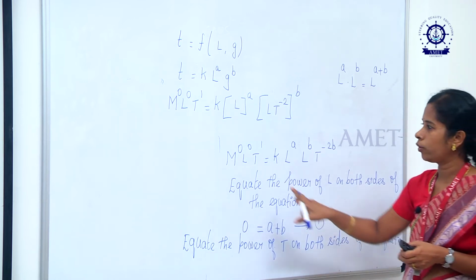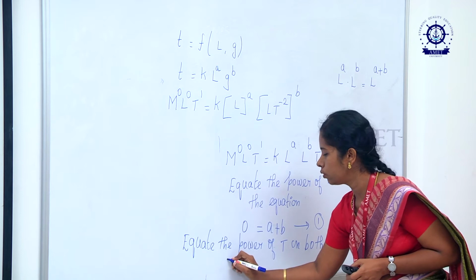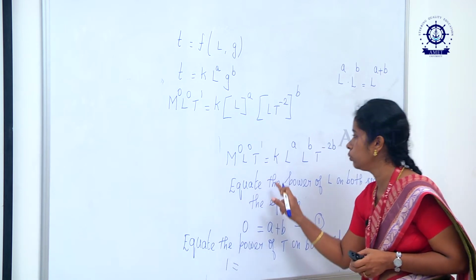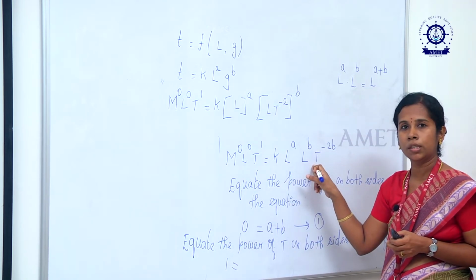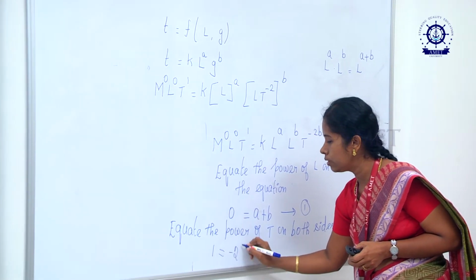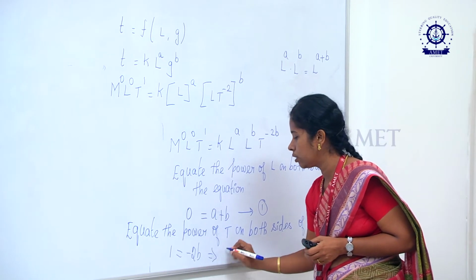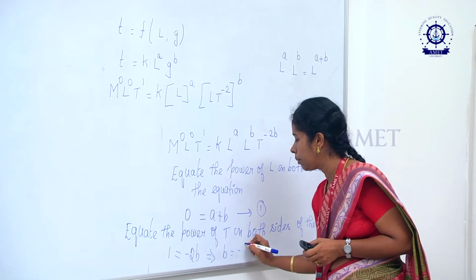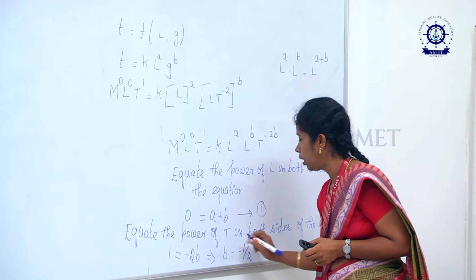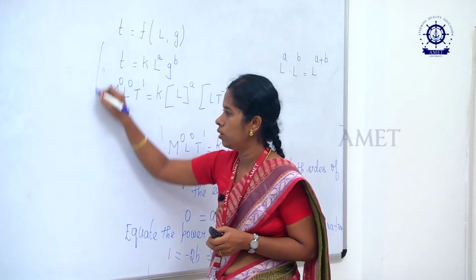So, what is the power of t on the left side of the equation? It is t power 1. So, it is 1 equal to, in the right side, t power minus 2b. So, I can write 1 is equal to minus 2b, or b is equal to minus half. Already I have framed the equation a plus b is equal to 0.